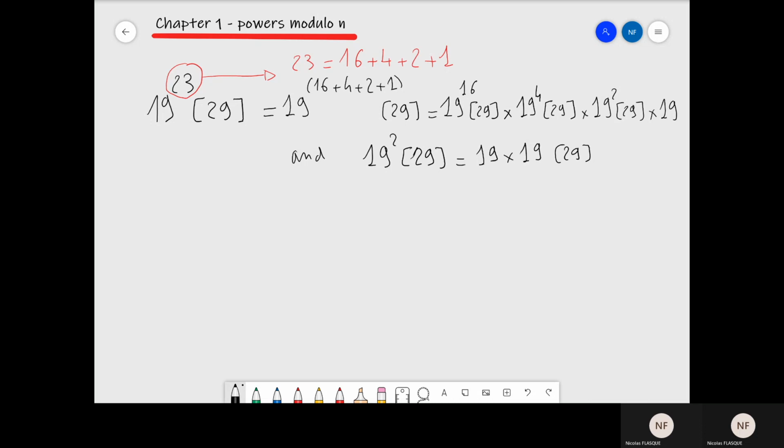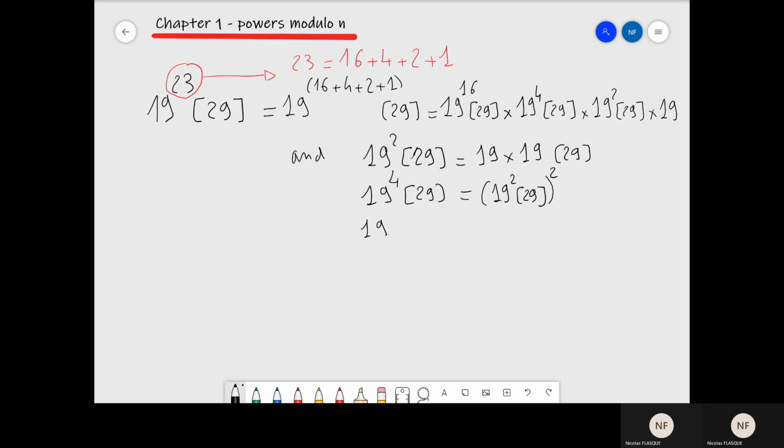So that doesn't sound very interesting, but where things are getting interesting is when we write that 19 to the power of 4 modulo 29 is 19 squared squared. So we need only one multiplication to get 19 to the power of 4 from 19 to the power of 2.